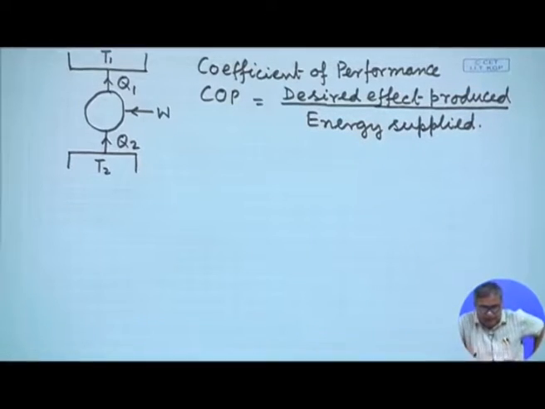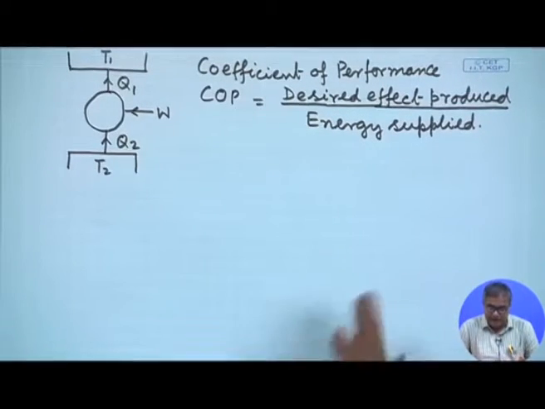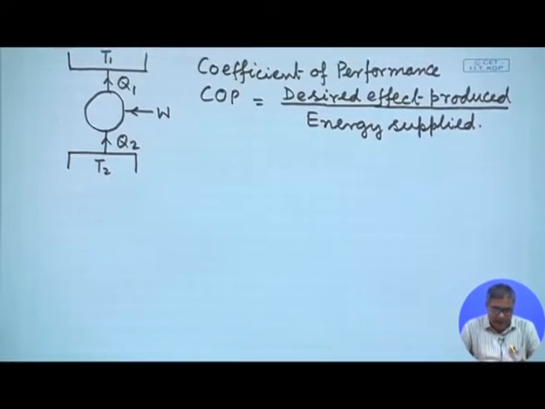This energy supplied, it has to be understood, is the energy for which we are paying, and in this device we pay for the external work which we supply to run this device. So, W is the energy supplied.